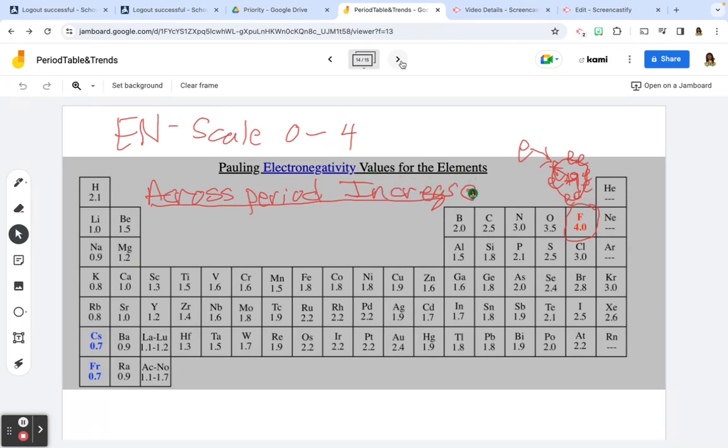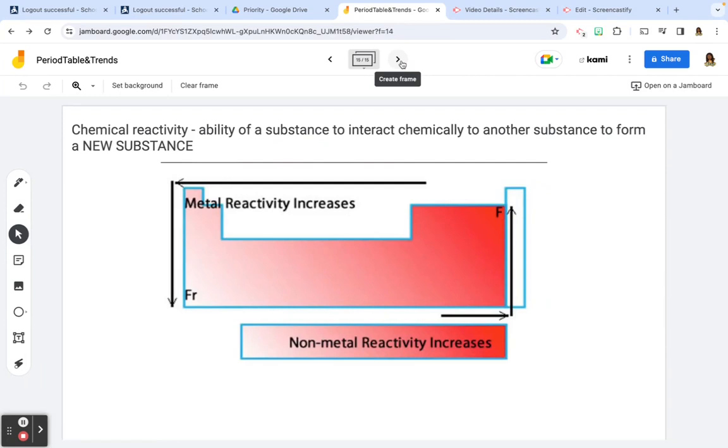But as you move down a group, it decreases. And that is electronegativity.